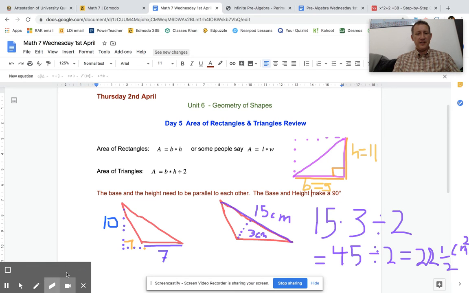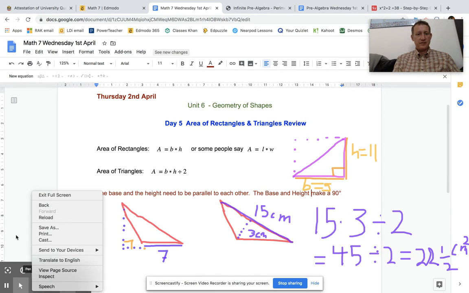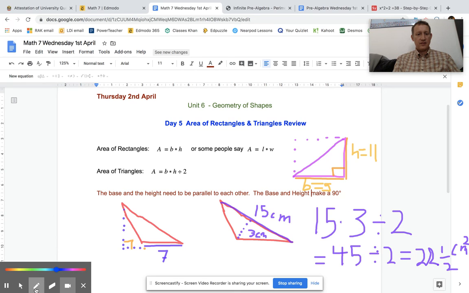Let's do a height of 6, okay? Wait a minute, yeah, 10, I like 10. I'm going back to my original vote. Okay, so we do 10 times 7 divided by 2. That'll give us 35.